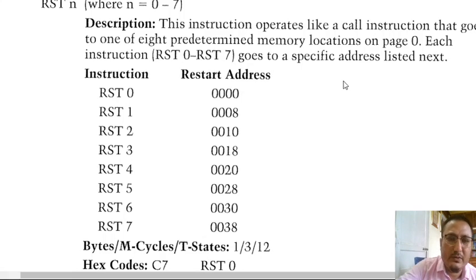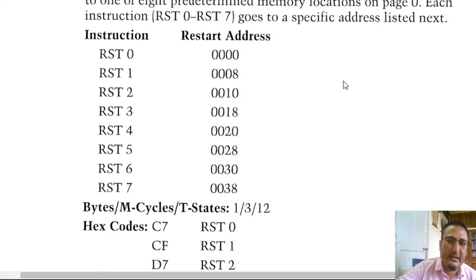So 8 into 0 is 0, 8 into 1 is 8, 8 into 2 is 16, and 16 is 10 in hex. Then 8 into 3 is 24, and 18 is the representation of 24 in hex. Likewise we have 0, 8, 16, 24, 32, 40. That is how we achieve the address, by multiplying the RST number with 8.